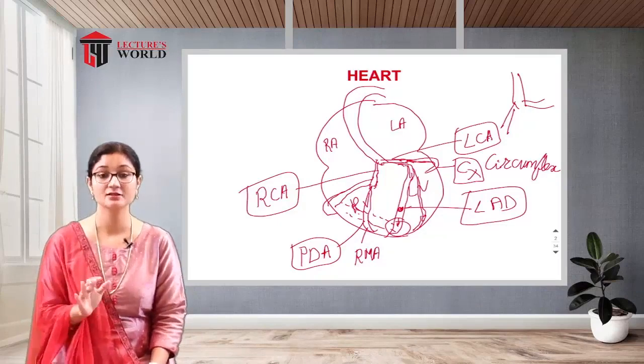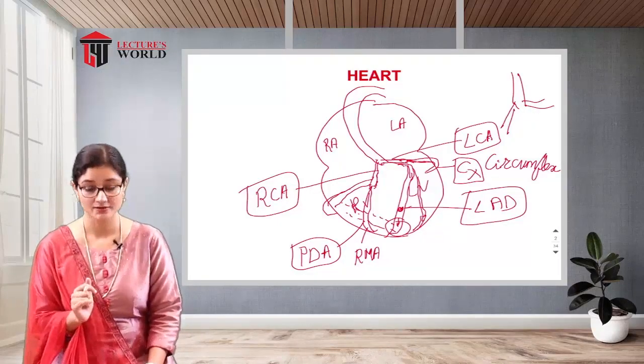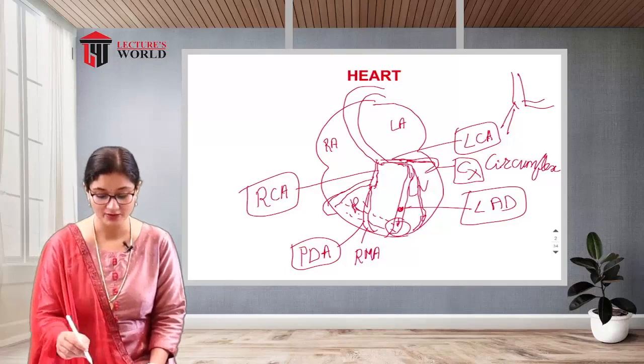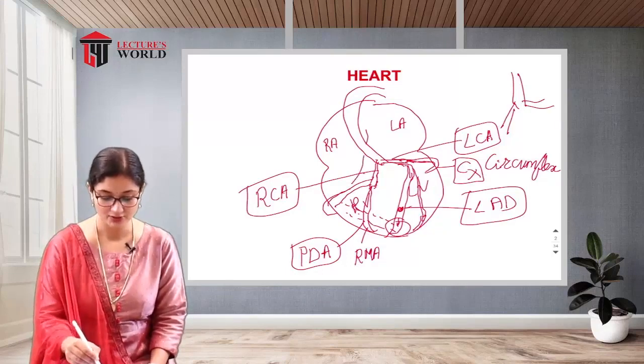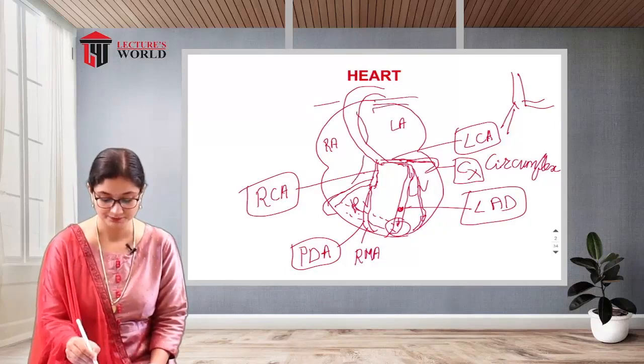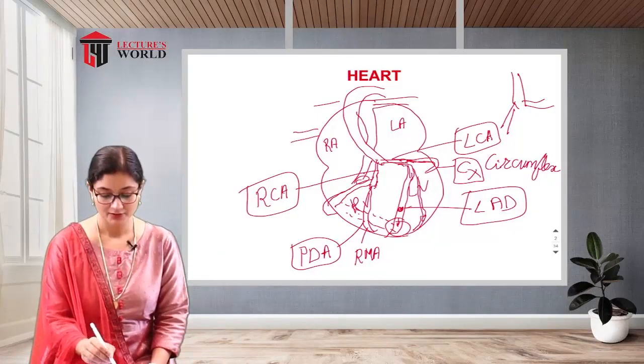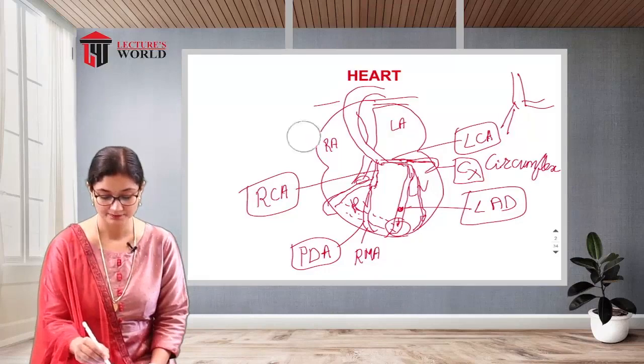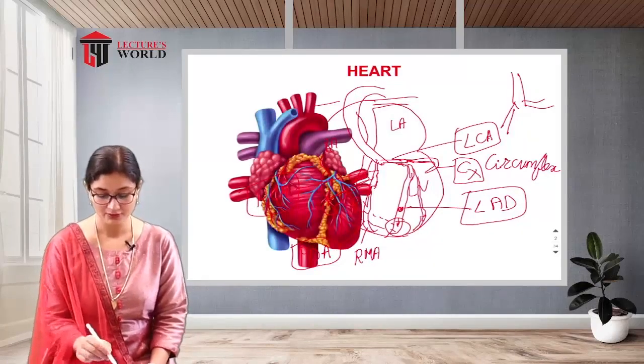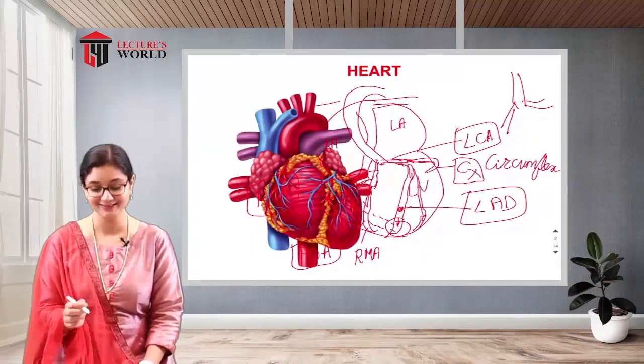Let us first understand what angina pectoris is. This is mainly about the heart. I have not drawn other structures, like the pulmonary arteries. So you can see a heart over here.